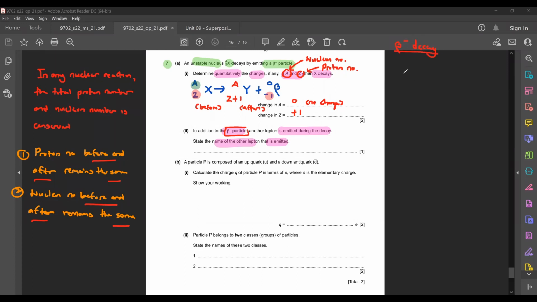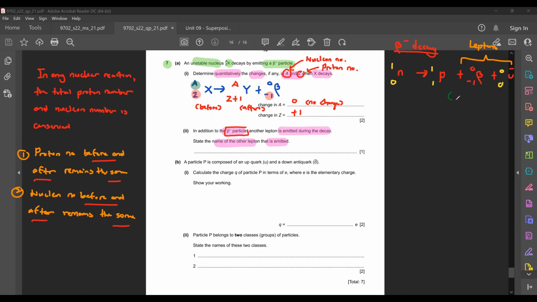So this one would be neutron change to proton with the emission of your beta minus particle and an electron antineutrino. Okay, so remember to write in the proton number and nucleon number. So this one would be 0, 1, 1, 1, 0, 0.